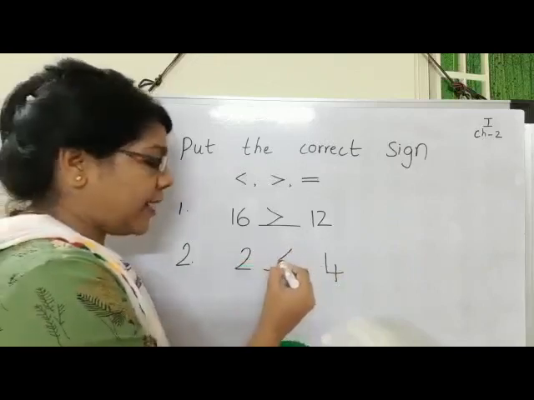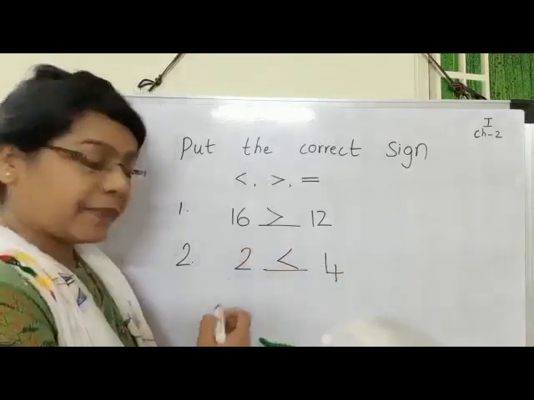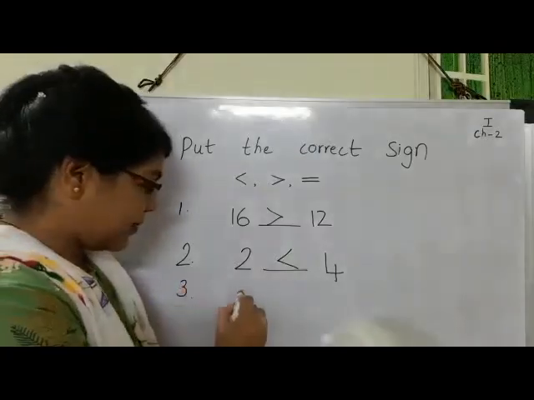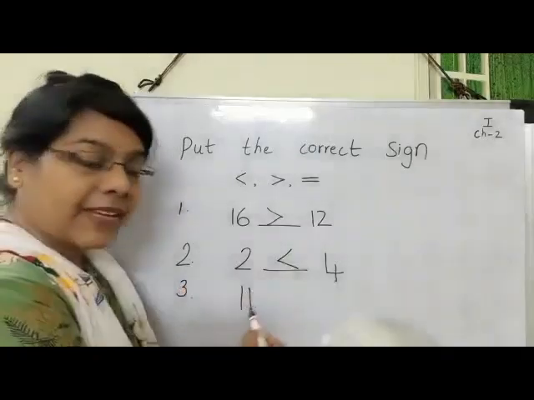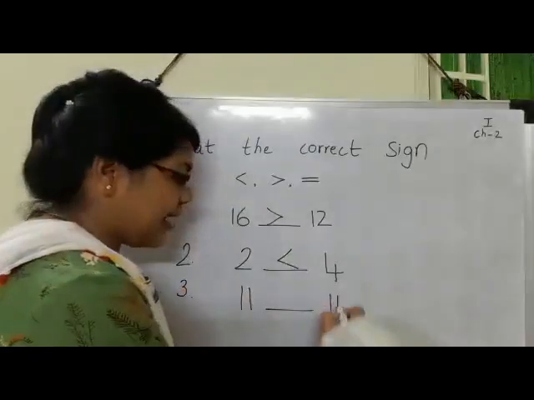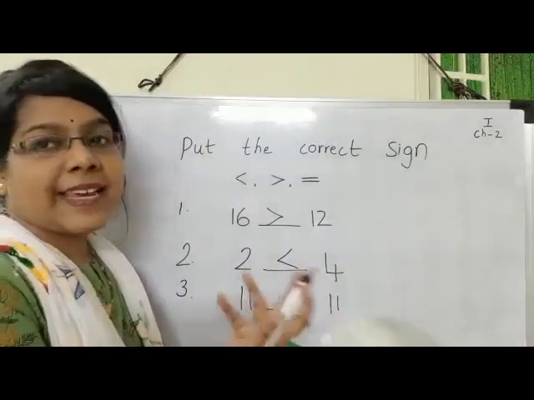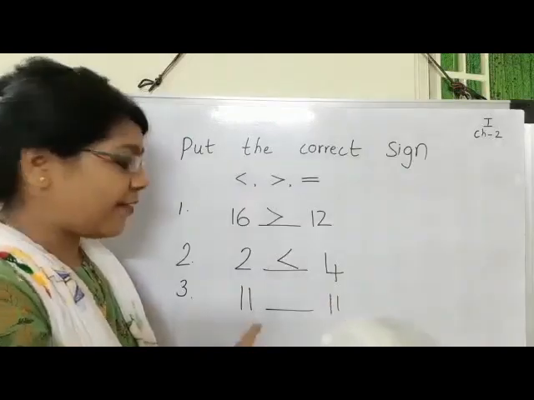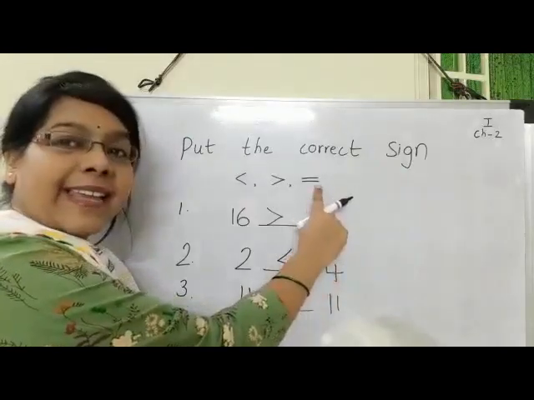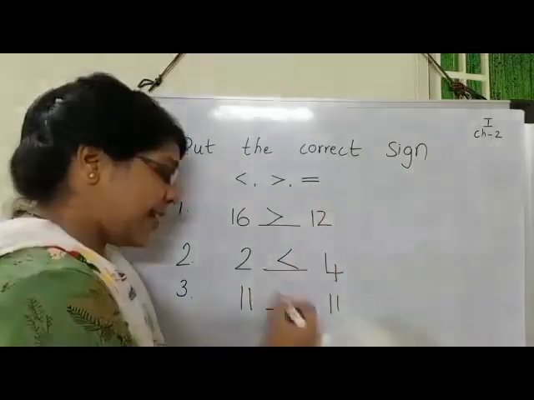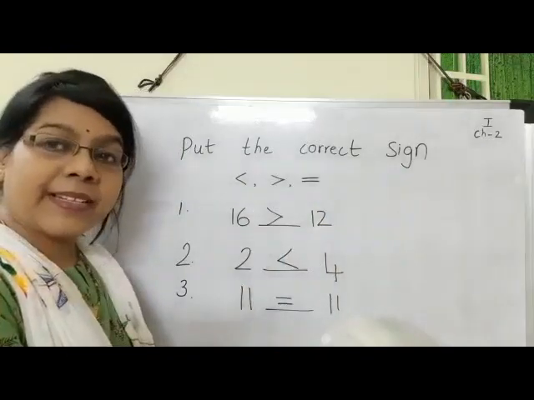So we have to put this sign. 11, 11. Both are same numbers. So we have to put this sign, which is equal to sign. Okay, children?